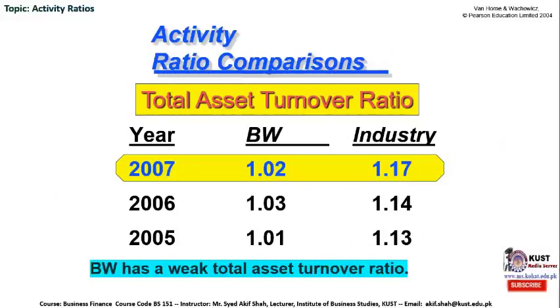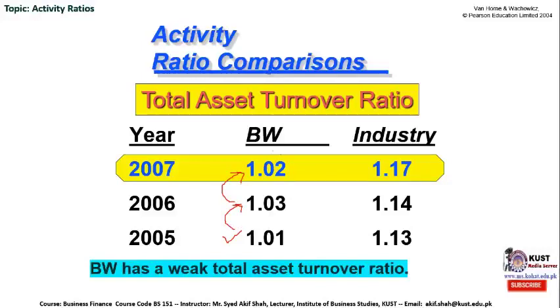Let us compare the total asset turnover ratio of the company over a period of time and then with the industry benchmark. In 2005, the total asset turnover ratio was 1.01, and then the company improved it to 1.02, and once again it has stayed at 1.02.